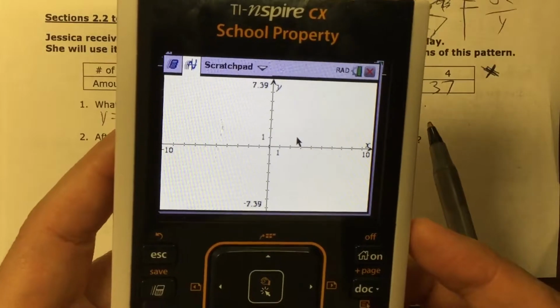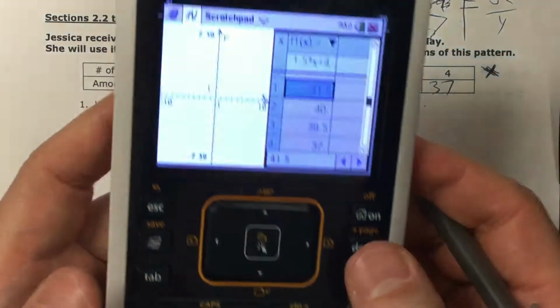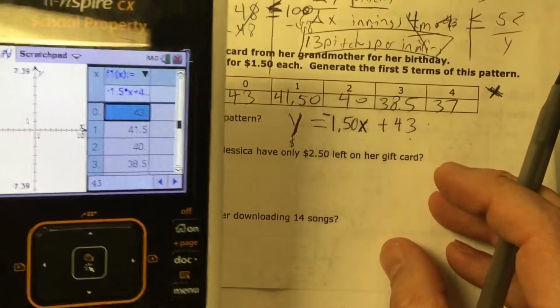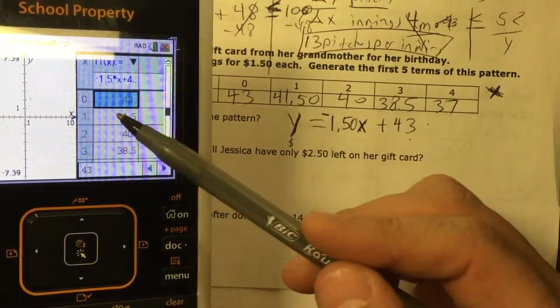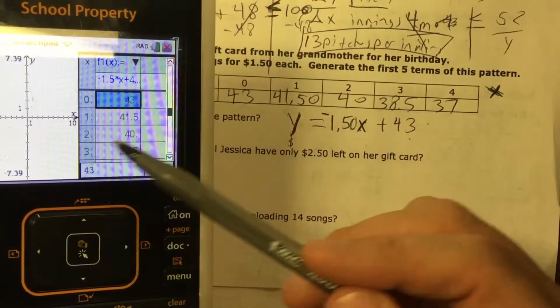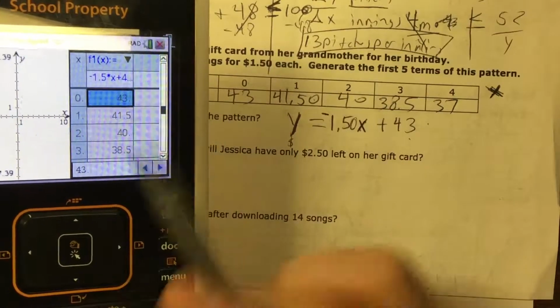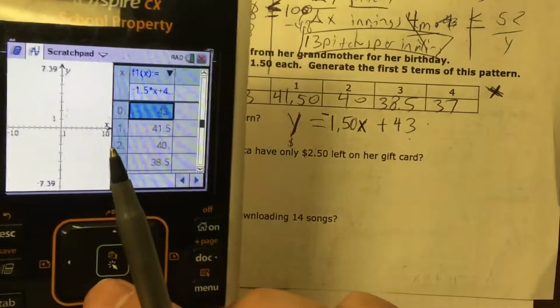I'm going to the table by pushing Control T. I get my table. This has all the values we just got by hand. We have 0, 43, 1, 41.50, 2, 40, etc. So what we're going to do, we're just going to scroll down the Y column until we get to $2.50.